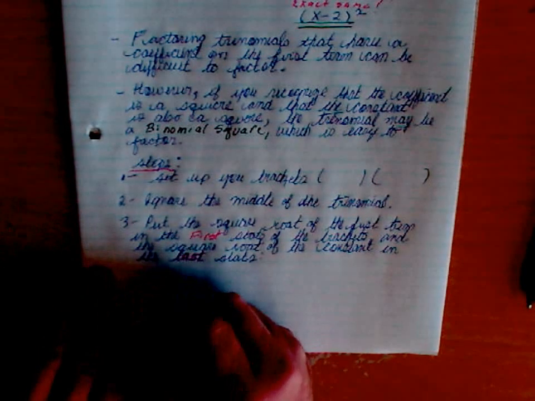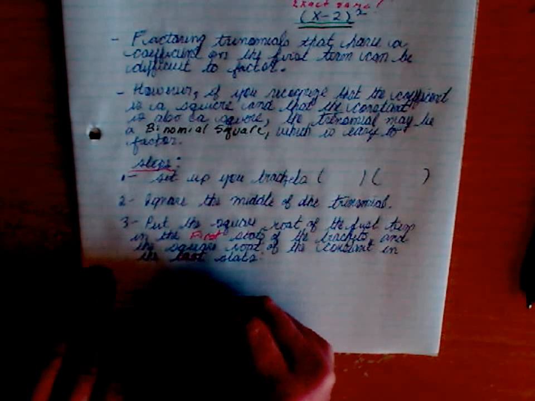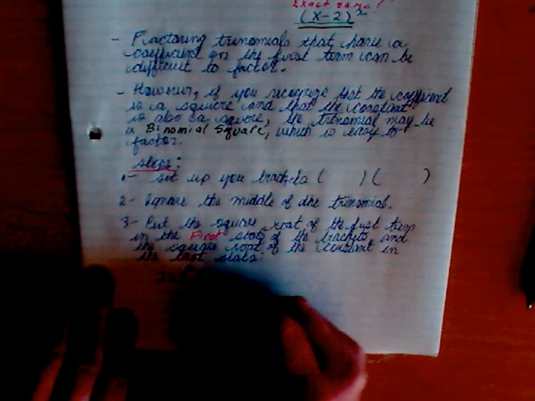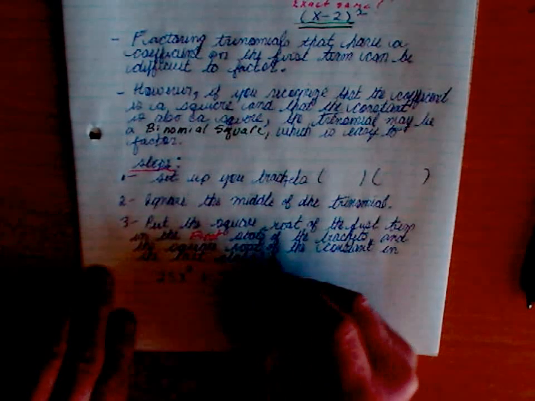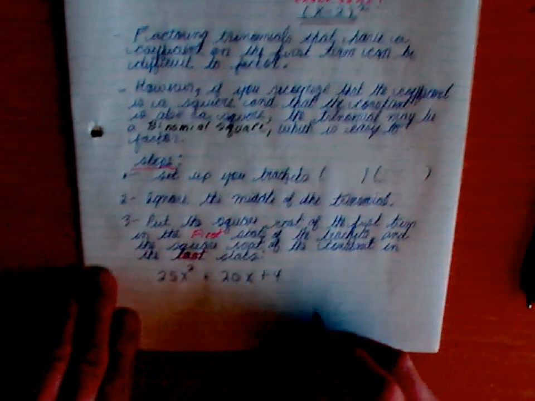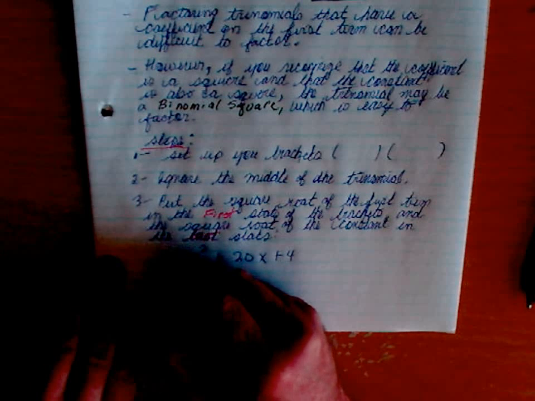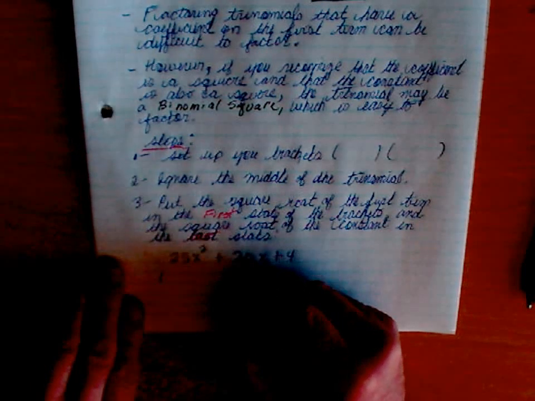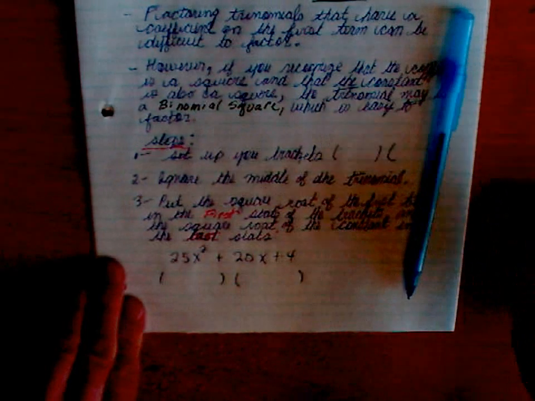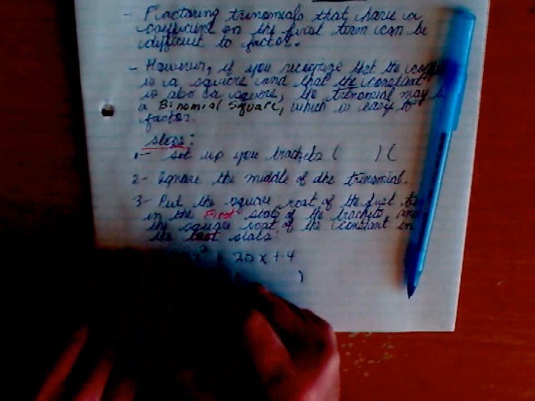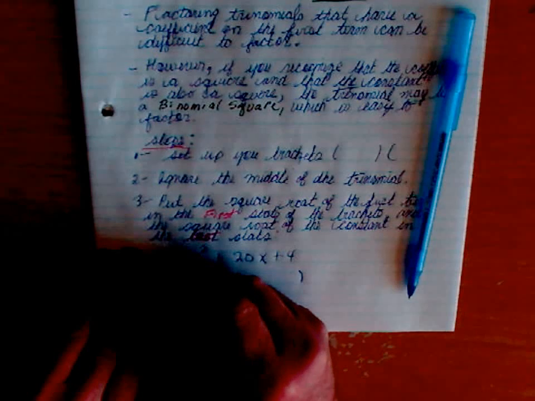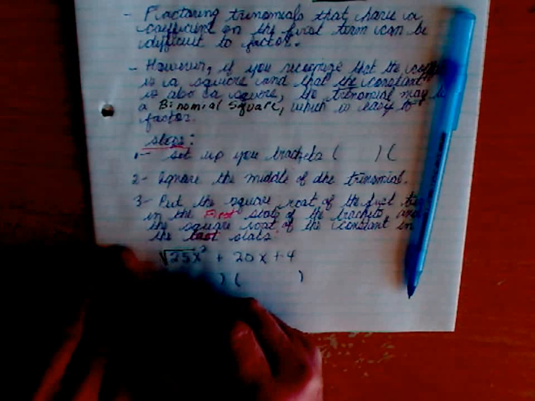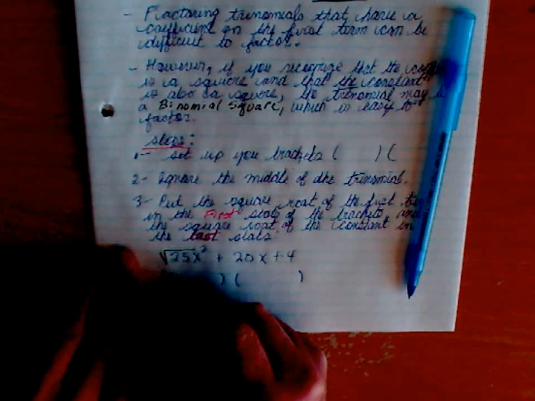Okay, so if we have something like 25x squared plus 20x plus 4, step number 1, we need to take the square root of 25. So that's going to be 5x.